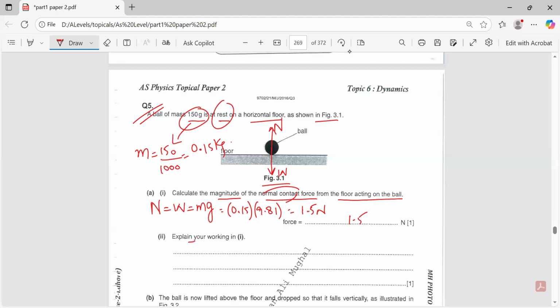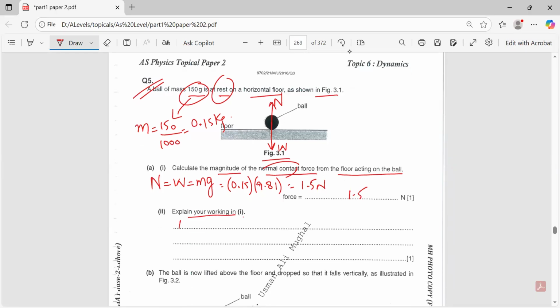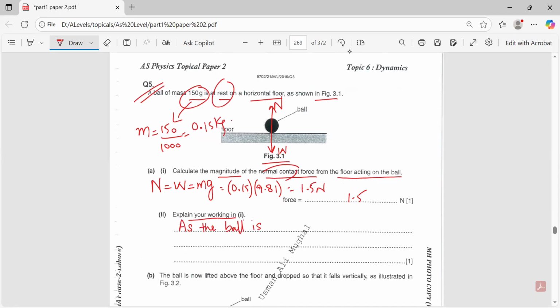The question also says explain your working in A. So you are going to say, as the ball is at rest, the resultant force will be zero. The resultant force is zero.